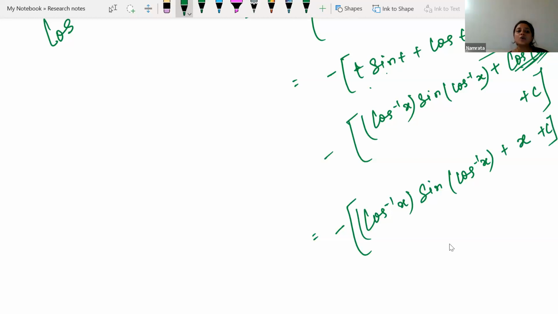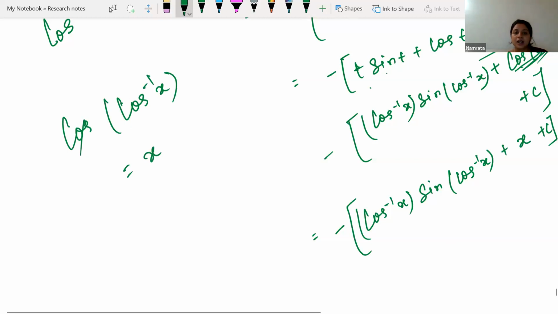You know that cos of cos inverse x will be only x. This will cancel out each other. You know that, right? Actually, in general, according to the concept, it is not canceling out each other. With the help of the inverse function, we are taking x, but it is not canceling out.